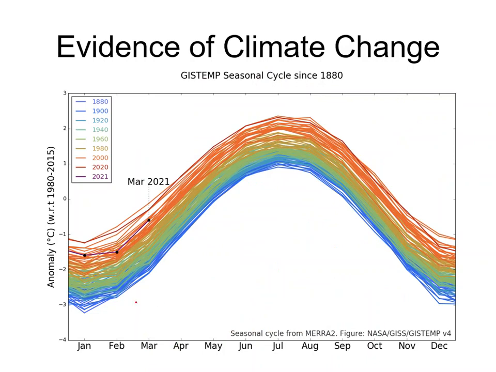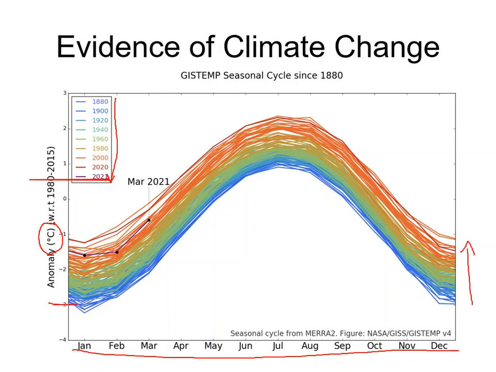Another interesting graph that I think drives the point home is the temperature change over the course of a year. You can see the months on the x-axis and the deviation from normal on the y-axis, but the point is the higher up you are, the hotter it is. As you go from the 1800s to current day, and here's 2021, you can clearly see a shift.